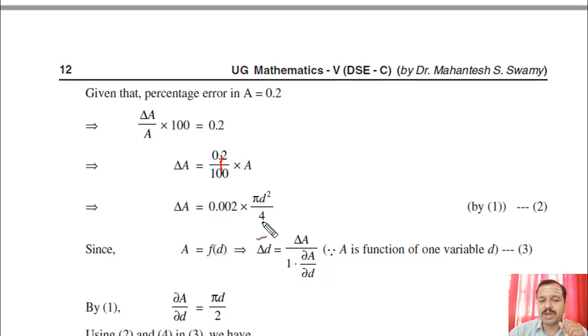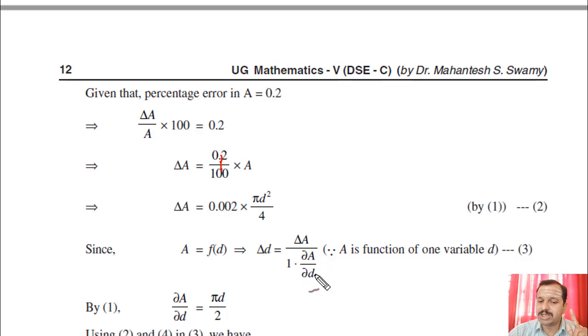Now we know that A is a function of d, a single independent variable. That implies delta d. We have seen the formula in the previous step: delta x1 is equal to delta capital X divided by n into partial derivative of capital X with respect to x1.